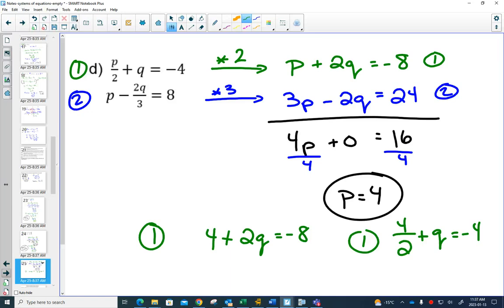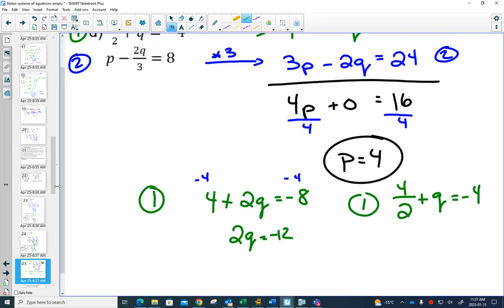Now, either one, let's say you use this equation 1, well then I would move the 4 over, and you see that you would get 2Q equals -12, because you would subtract 4 on both sides. Then divide by 2, and you would get Q equals -6.